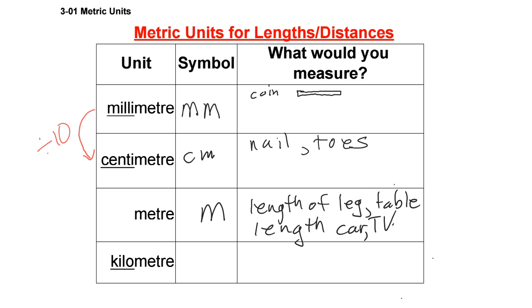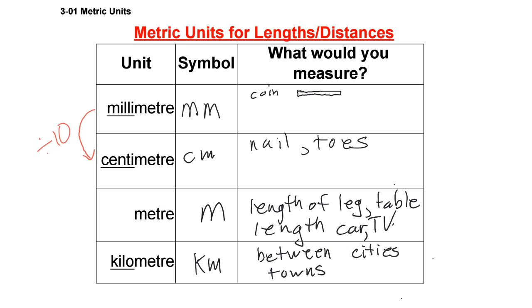Now when we talk about the kilometer, the kilometer has the symbol km, and you can think of a kilometer as what we measure with the distance between cities and towns, actually.